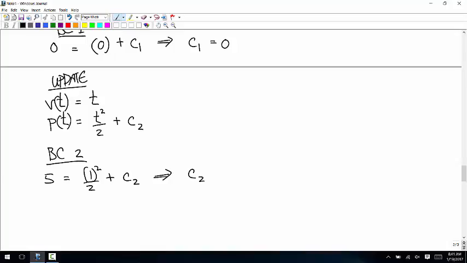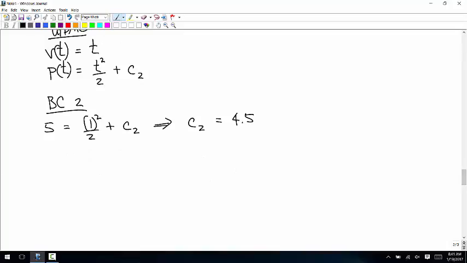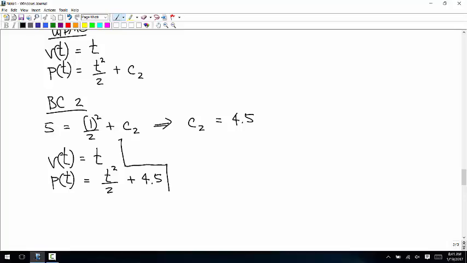So c2 is equal to 4.5. And so the final functions are the velocity is equal to t, and the position is equal to t squared over 2 plus 4.5. Any questions about that?